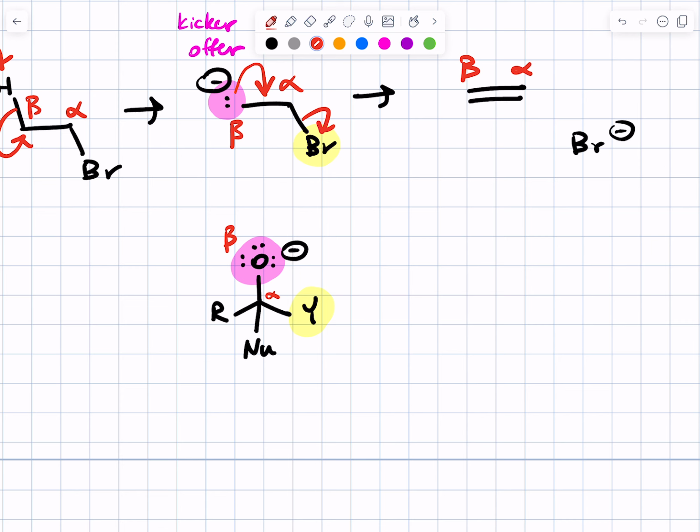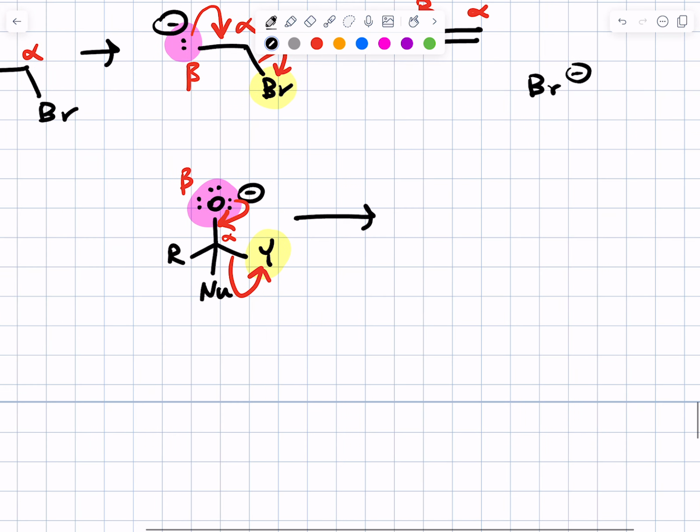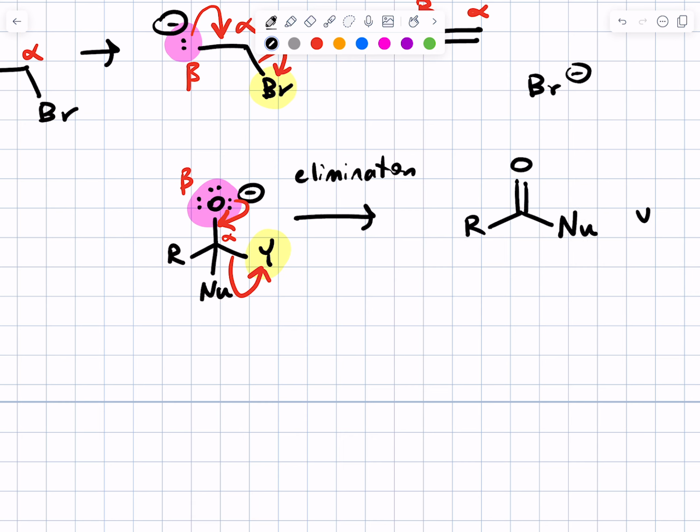You got lone pairs on the carbonyl oxygen of the tetrahedral intermediate can kick down and the leaving group can leave. That's an elimination reaction. And that creates a new pi bond between the oxygen and the carbonyl carbon. The nucleophile is here, and the leaving group, the Y group, is here.